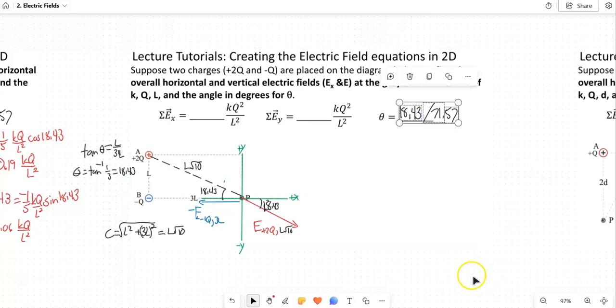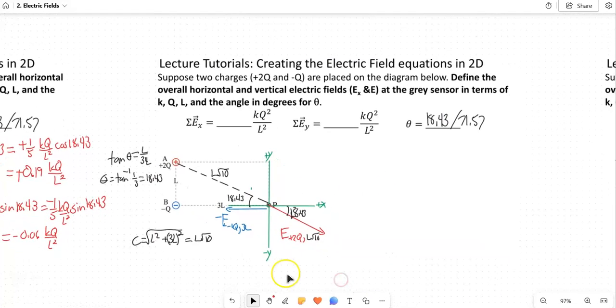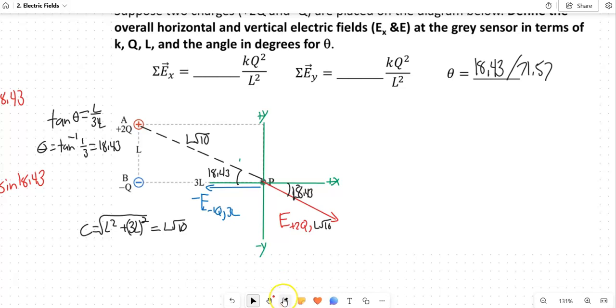There we go. All right. Now, same thing as last time. Got to break that hypotenuse into up and down and left and right, where this is going to be positive 2q, comma, L square root of 10 cosine of 18.43.